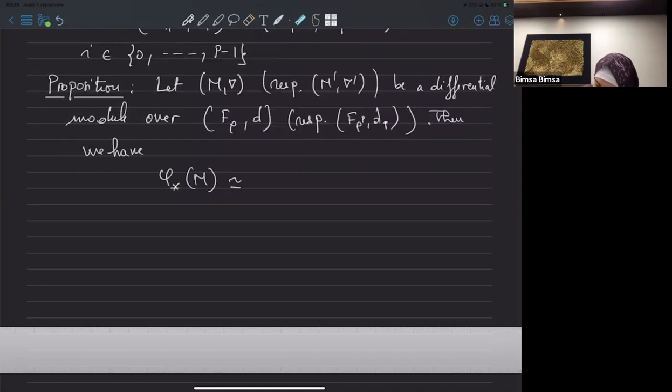Yeah, it's isomorphic. Okay, and 0 to p minus 1.